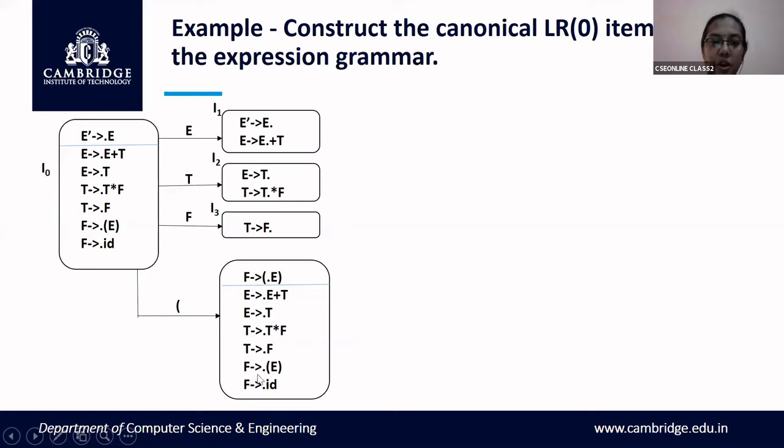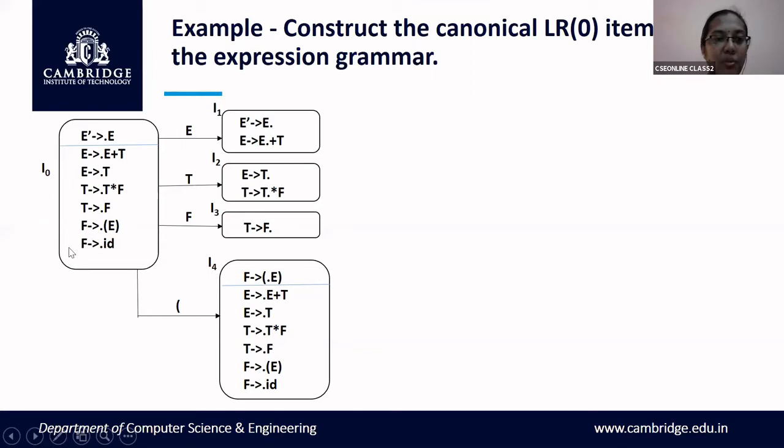F derives dot E enclosed within parenthesis and F derives dot ID. Because dot is followed by open parenthesis, it is a terminal. Dot is followed by ID, it is a terminal. You cannot take closure of the terminal symbols. Okay. Now we are done with this set and I name this state as I4.